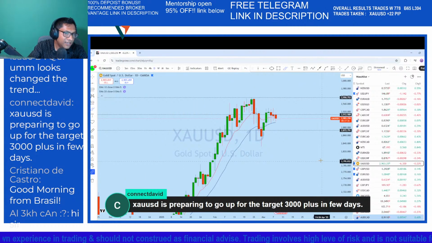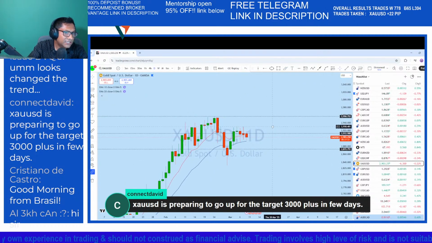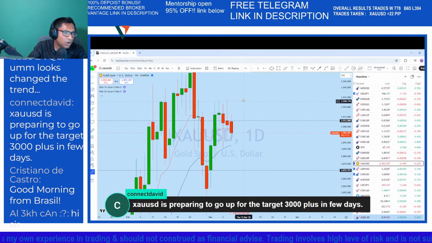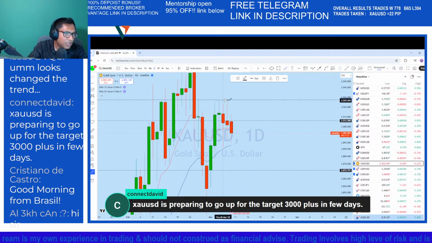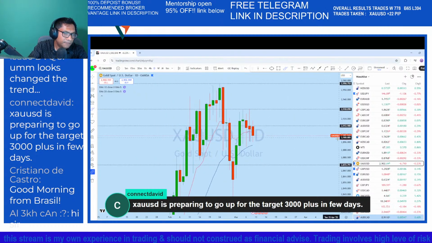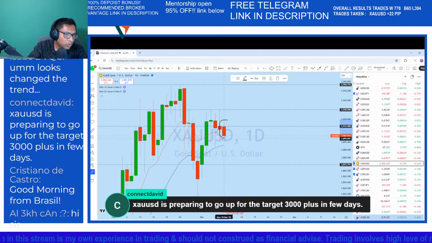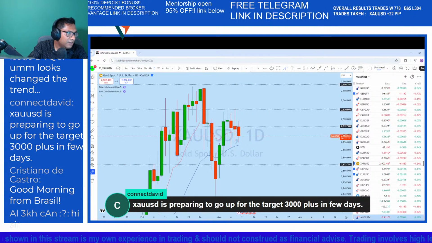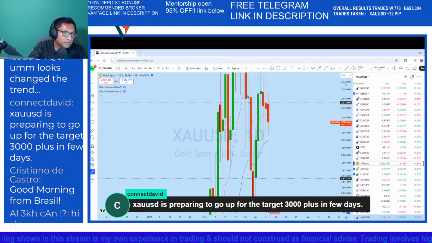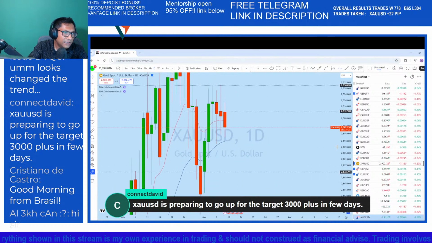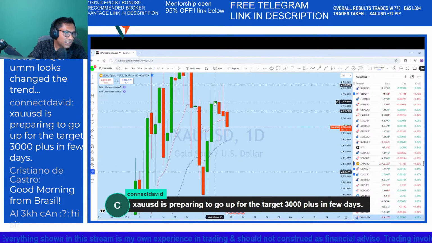Looking at the daily here, this is the daily price action. There is a daily doji here. The market has crossed this high, grabbed the liquidity, and we saw a daily doji formation here. In the current daily price action, you can see doji, red candle, doji, red candle.